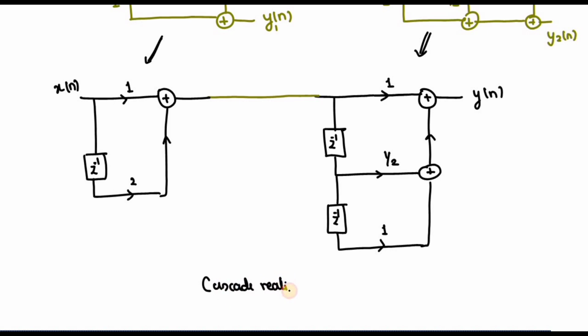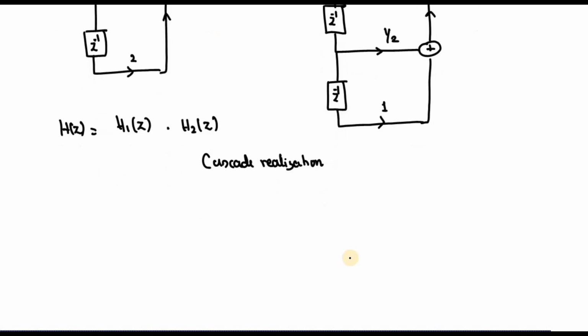So the next one is linear phase structure. So as you know, the linear phase structure has to follow the symmetry rule. So what is the symmetry formula?